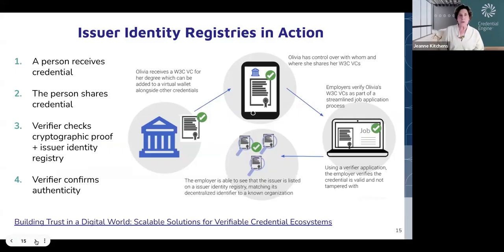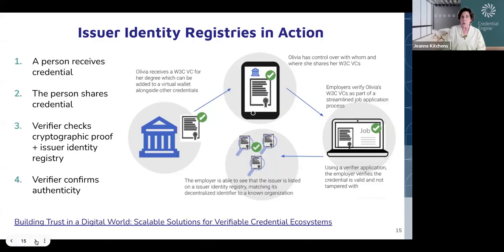This picture is in the research paper. It's also on a web page that provides more background on the role of issuer identity registries that you can look at. But this is how it works in terms of issuing these verifiable credentials. So an organization issues a person, in this case Olivia, a digital verifiable credential, and Olivia has control over that credential. She can put it in her wallet or some kind of application for holding and sharing those credentials.